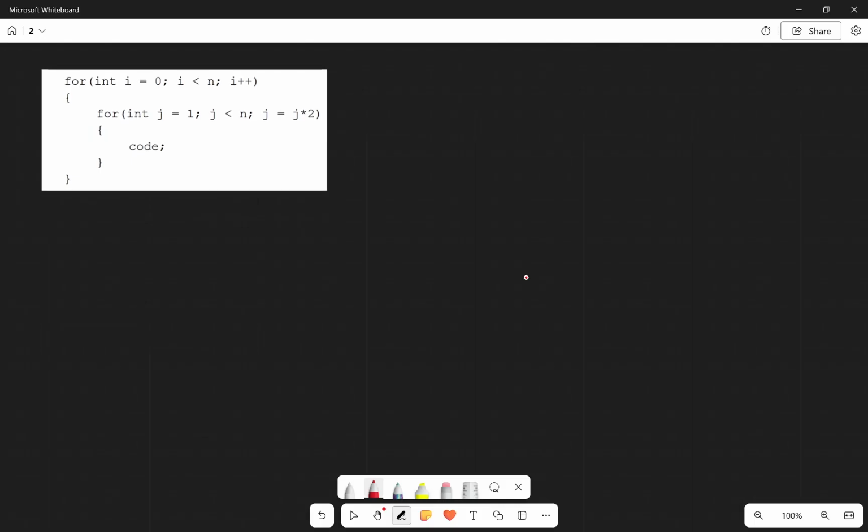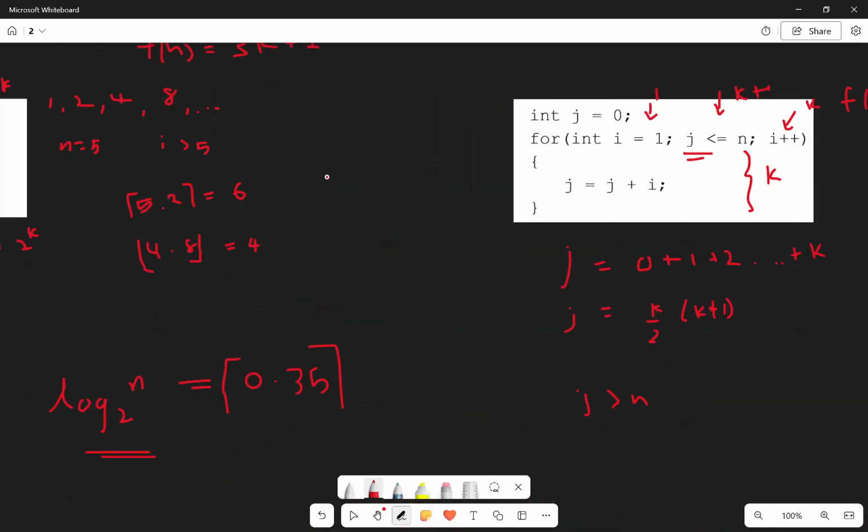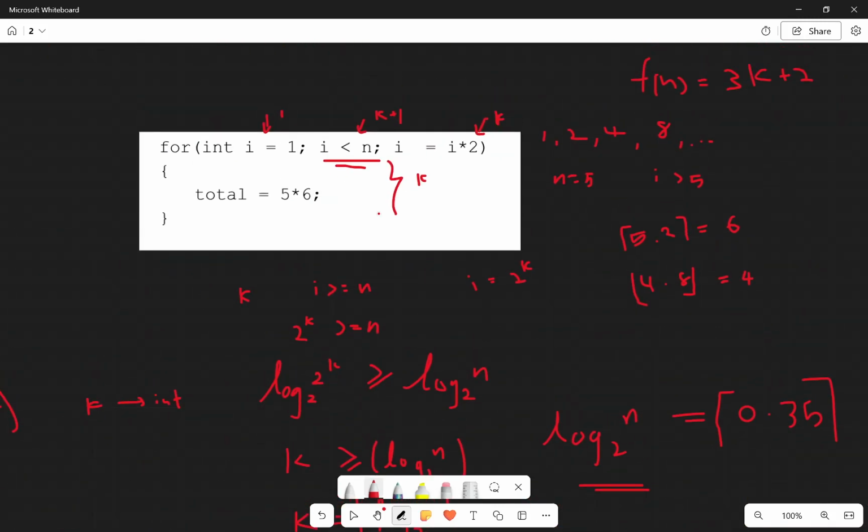So this one is very simple actually. We have this normal for loop as the outer loop, and this example as the inner loop.